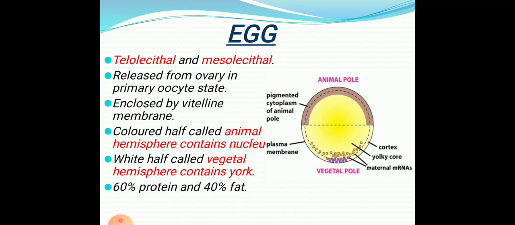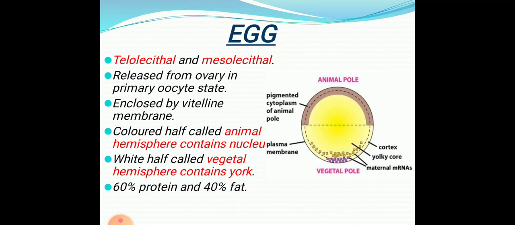The outer membrane is the jelly coat, the middle membrane is the vitelline membrane, and the inner is the plasma membrane. There are two poles, animal pole and vegetal pole. The animal pole is dark and has the nucleus, and the vegetal pole is yellow in color due to the presence of yolk. So this is the structure of the egg.